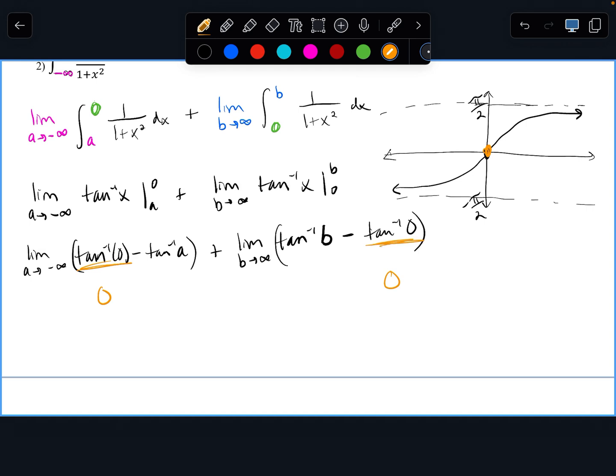And then minus inverse tangent of A. This is where I'm looking at that limit: as A goes to negative infinity, the curve approaches the value negative pi over 2.